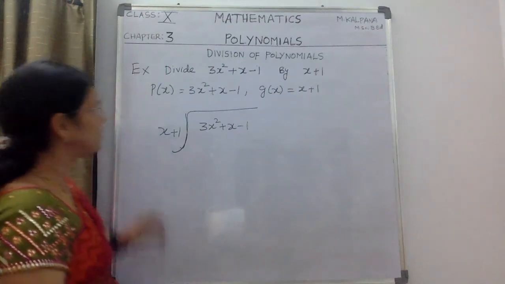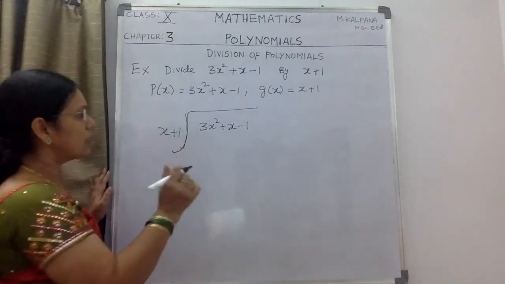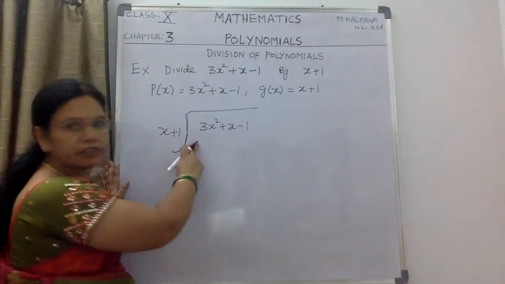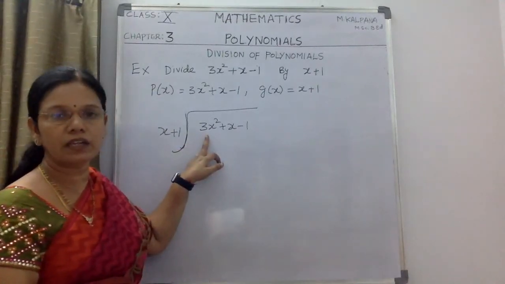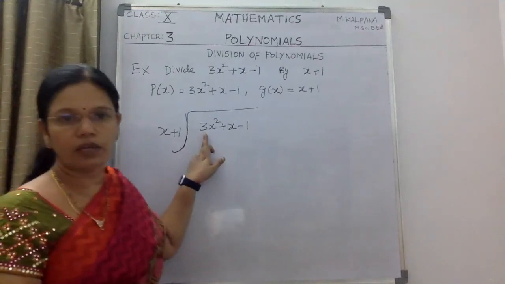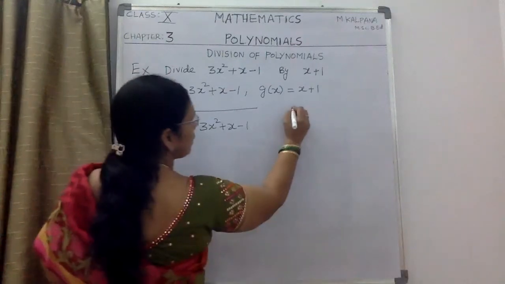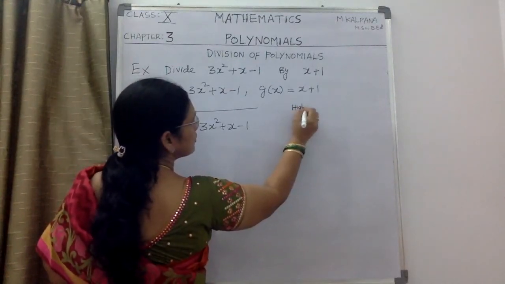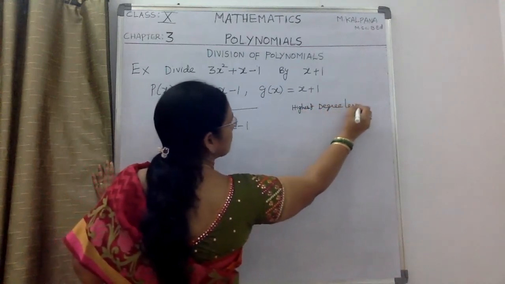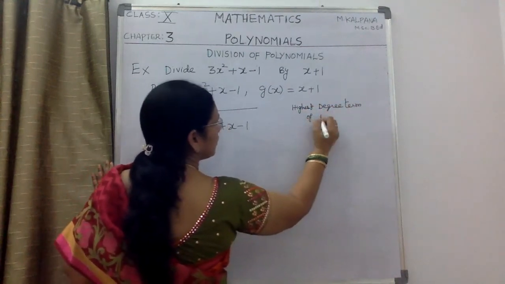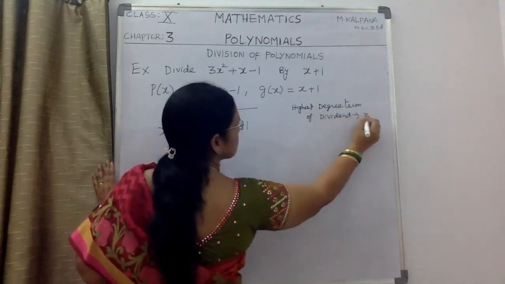So how to divide? Let us see. First of all, we have to look at the highest degree term in the dividend. What is the highest degree term here, children? That is 3x square. 3x square is the highest degree term of the dividend.